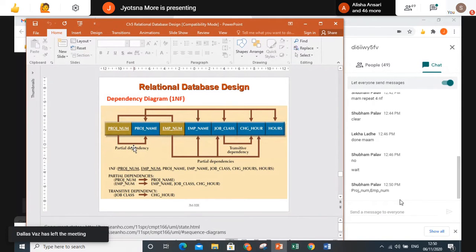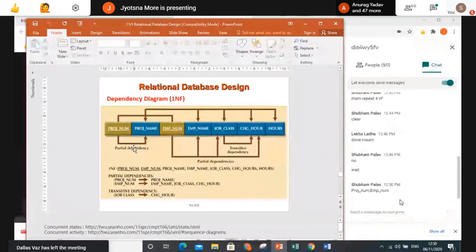Now, second step is you have to list down all the functional dependencies, right? So before writing the functional dependency, you have to write down what is R, what is given R. So all of you write down R. Or R we will do later on.